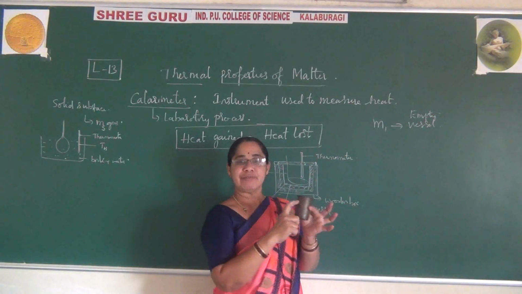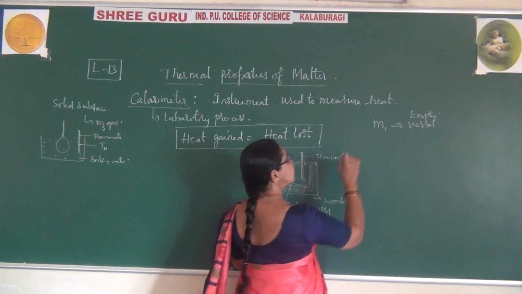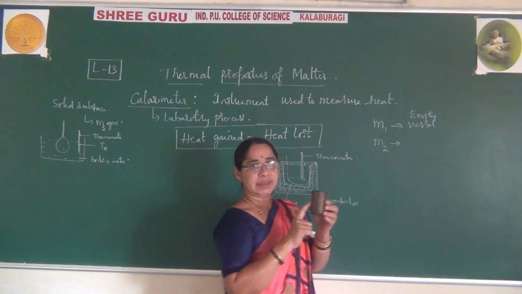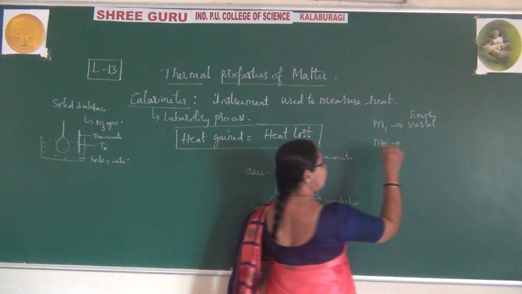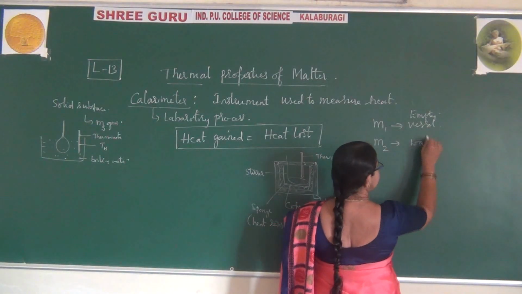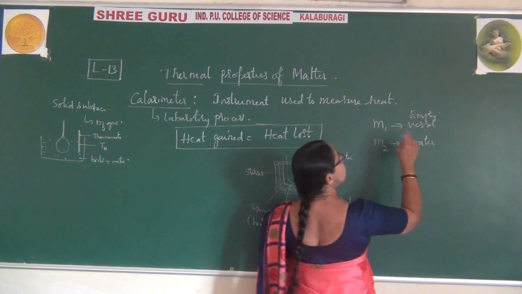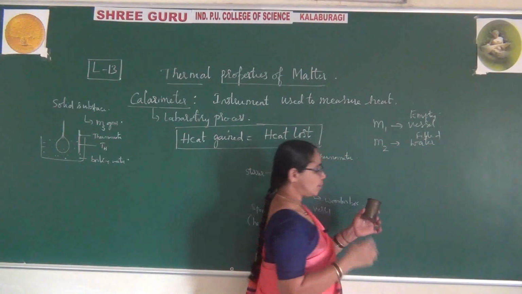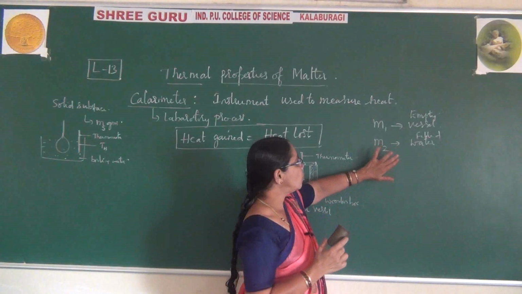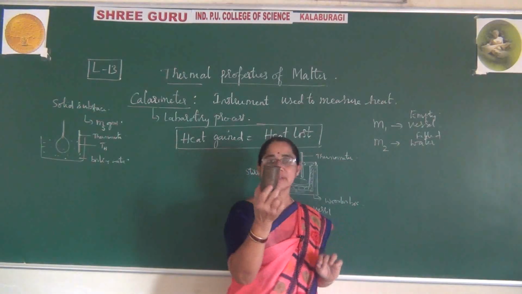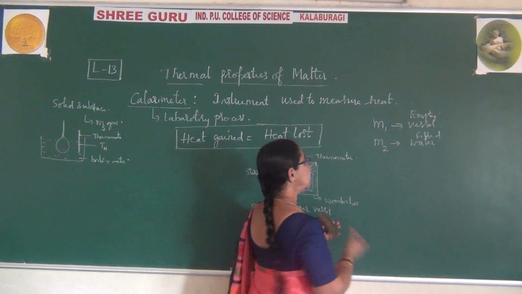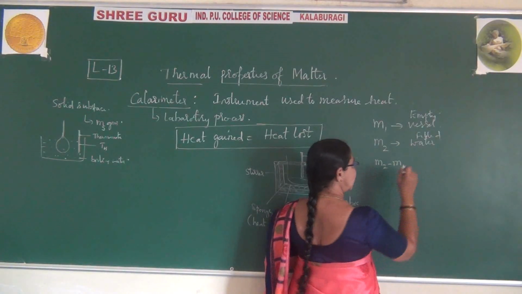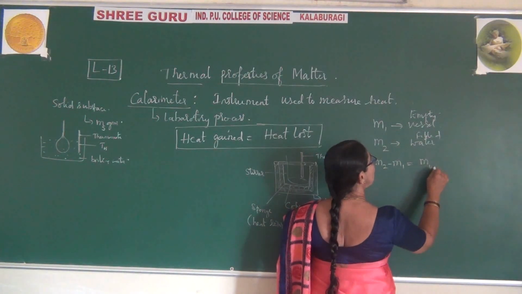Next, I fill 3/4 of this vessel with water, and again I measure it, now with the water filled. Now we take the difference: M2 minus M1 will give the mass of water.